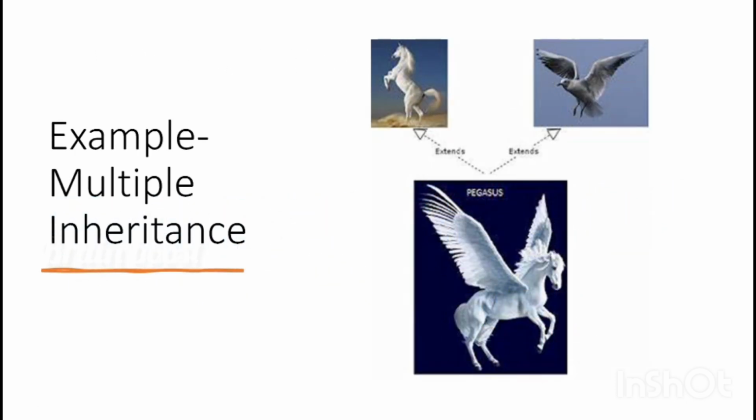An example of multiple inheritance is Pegasus, also called the winged horse. It has characteristics from both the horse and the bird. The wings are from the bird's family. So it is a winged horse. This is an example of multiple inheritance.